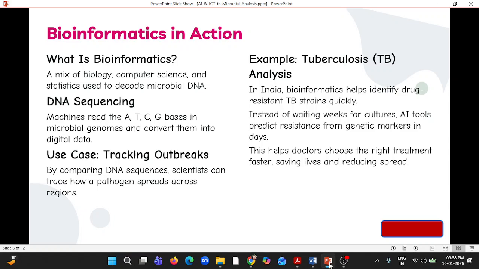This result helps doctors choose the most effective treatment as early as possible, to reduce treatment failure and drug misuse. Thus, it saves lives and limits the spread of drug-resistant TB all over the region.